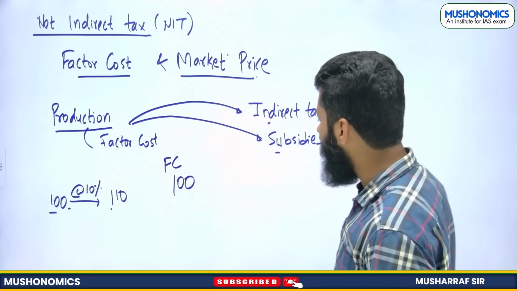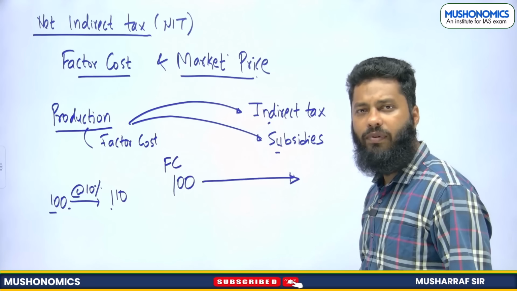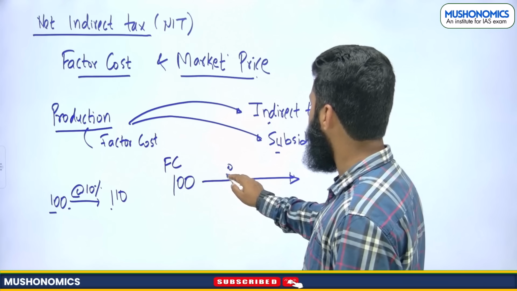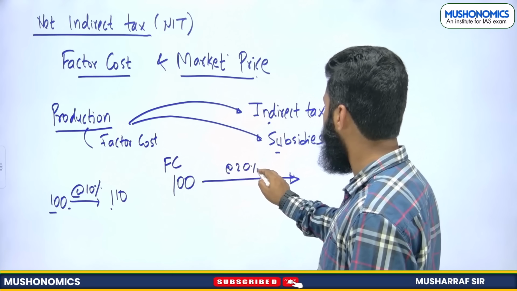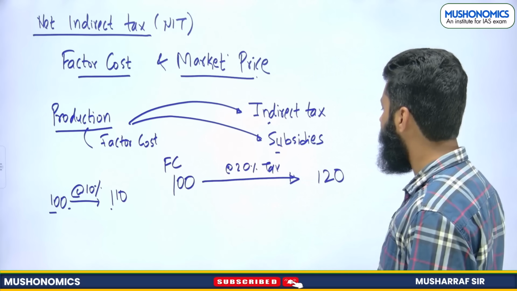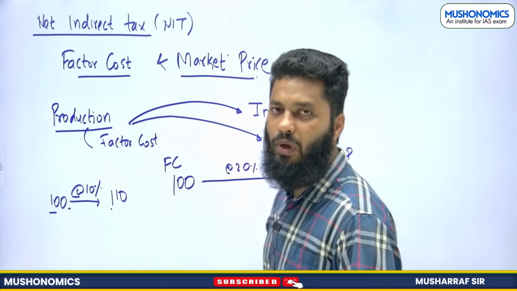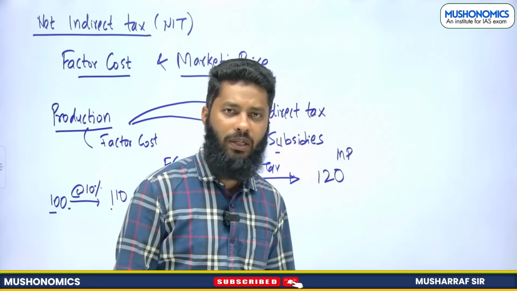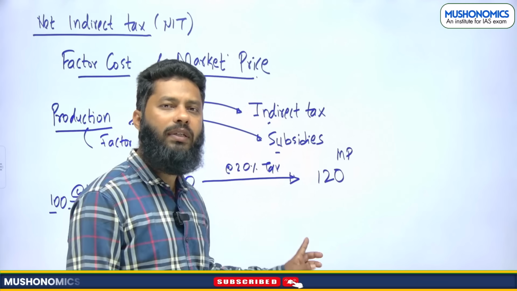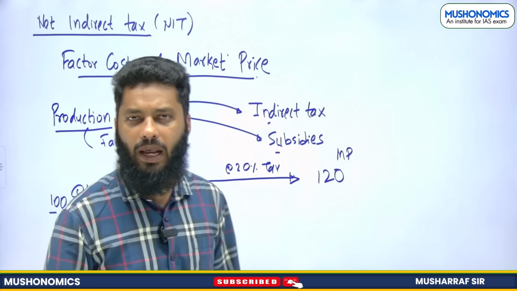But because of tax, suppose there is a 20% tax, I will keep the market price at 120. This is known as the market price. So by adding the tax amount, I have calculated the market price.